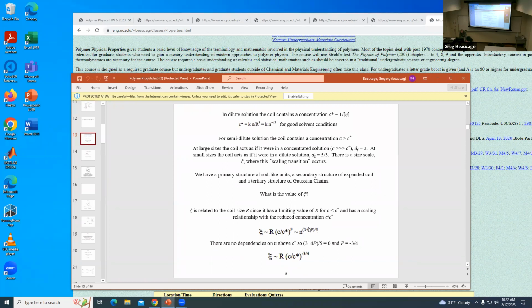So it's 4 times p for the C star, and then the R gives you the 3. And then this thing can't depend on the molecular weight because you screened out the molecular weight. You can't tell me how long a fiber is in this coat, because you can't see one fiber. So that power has to equal 0, which means the power has to be minus 3/4. So we went through that. That's one of the main conclusions.